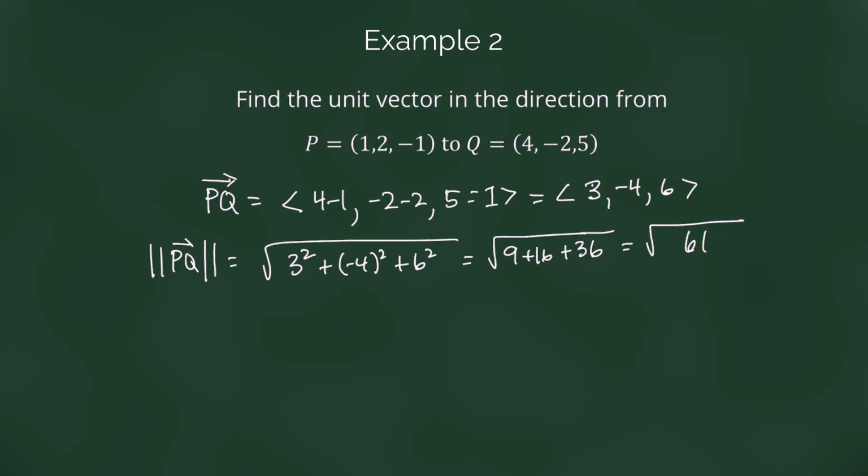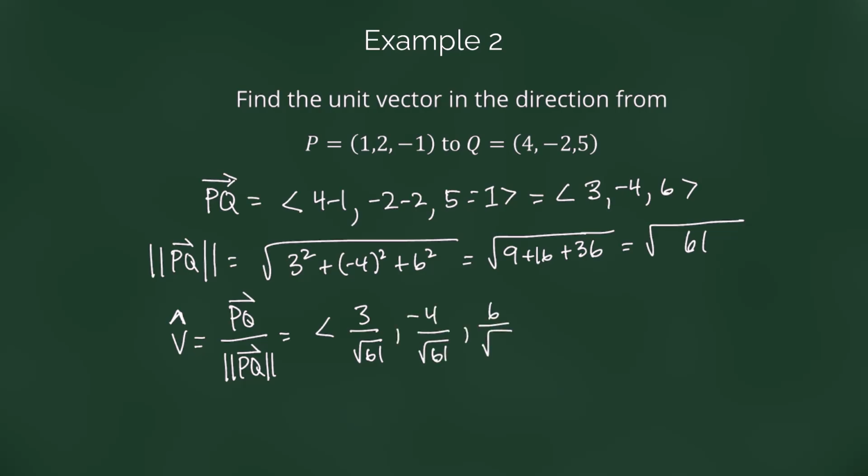So our unit vector, we'll call it v, we'll give it a little hat to indicate that it's a unit vector. That is going to be PQ divided by the magnitude of PQ, which is going to be the vector 3 divided by the square root of 61, negative 4 divided by the square root of 61, and 6 divided by the square root of 61.